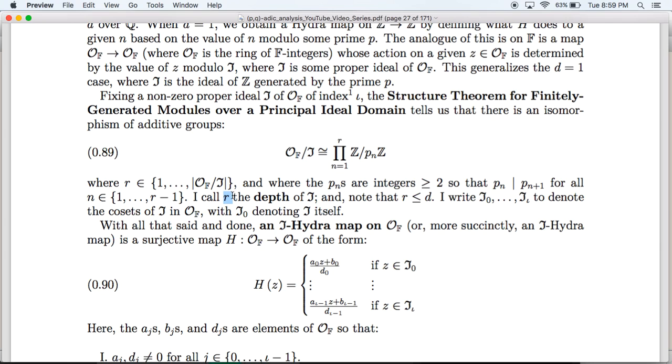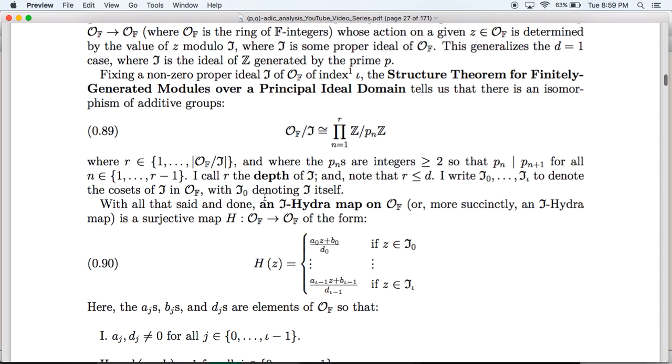R does not appear to have a standard name in the literature, so I call it the depth. And note here that R is always going to be at most D. I then write I_0 through I_iota to denote the cosets of I in O_F, with I_0 denoting I itself.